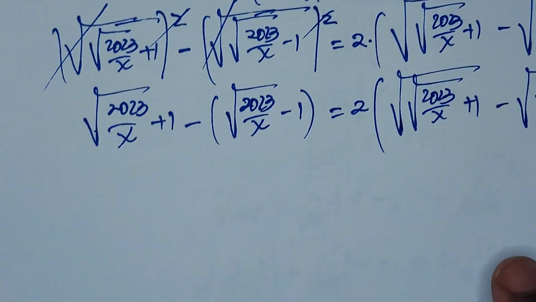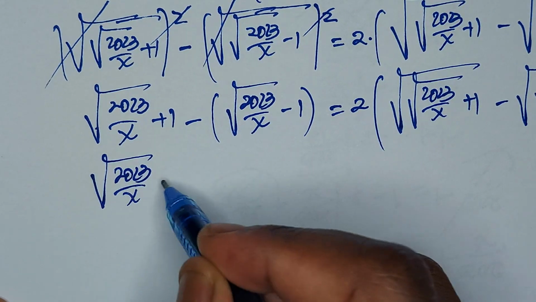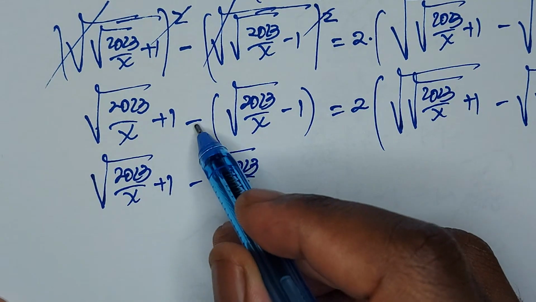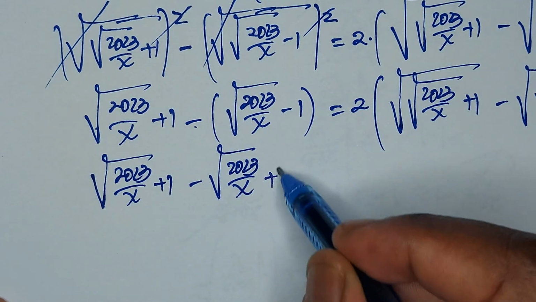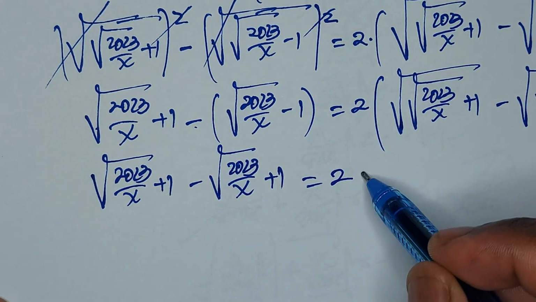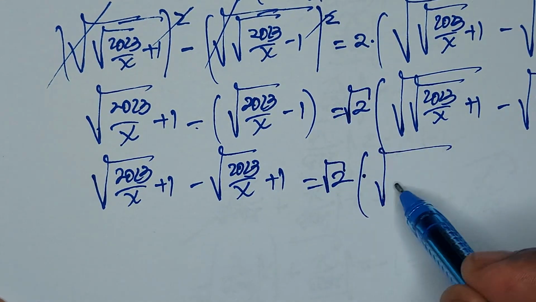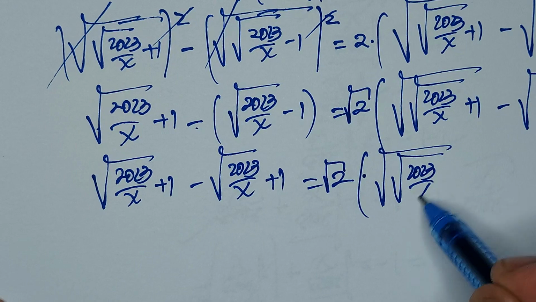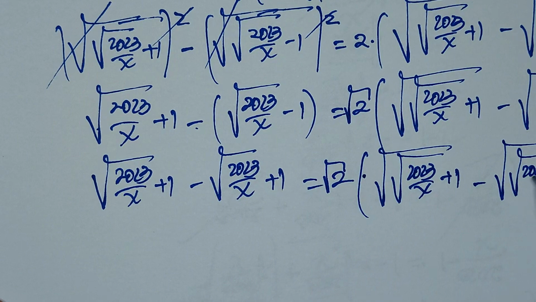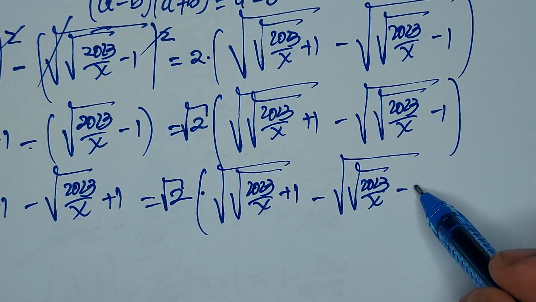So now we keep this one, which is 2023 over x plus 1 minus 2023 over x minus, times minus, it's plus 1, and we have this equal to the square root of 2, which multiplies the square root of 2023 over x plus 1 minus the square root of 2023 over x minus 1.